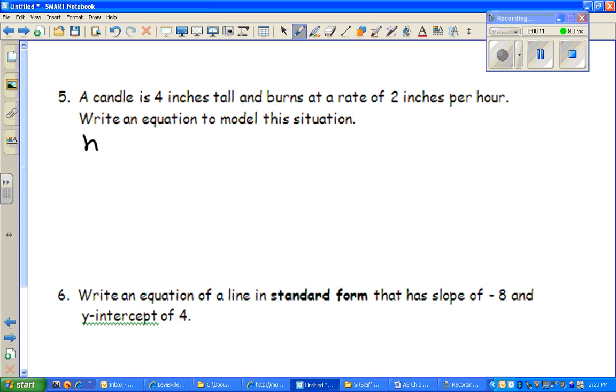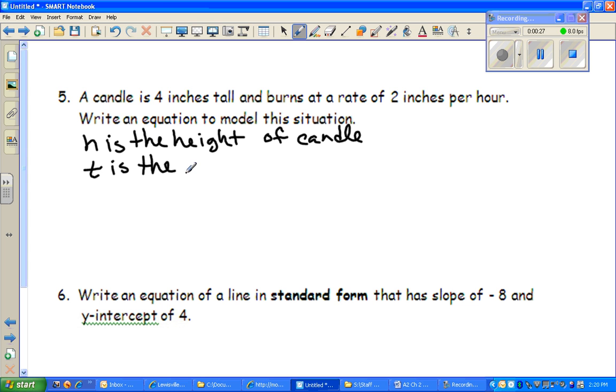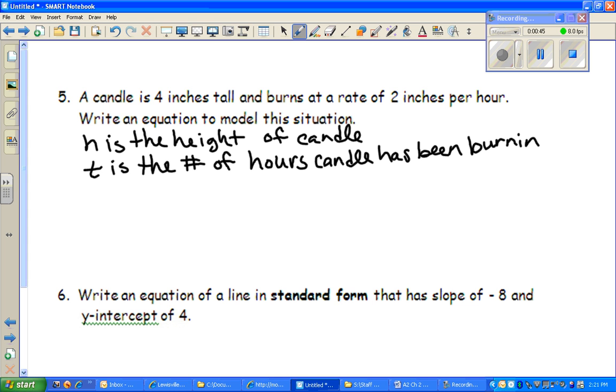I'm going to say H is the height of the candle, and T is the number of hours that the candle has been burning. So those are my two variables.